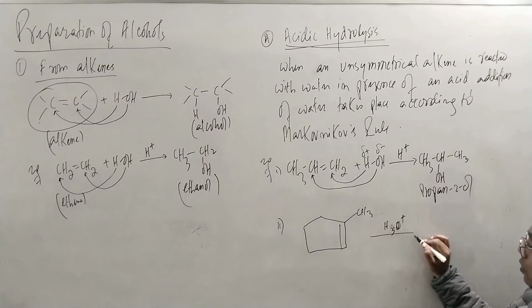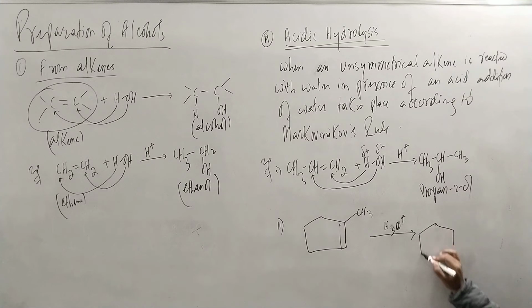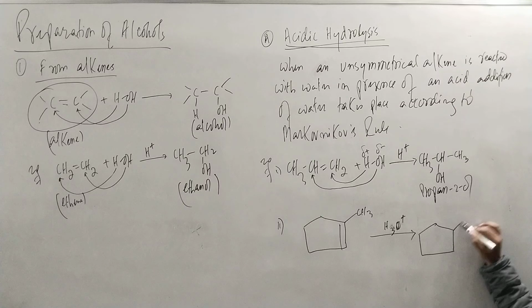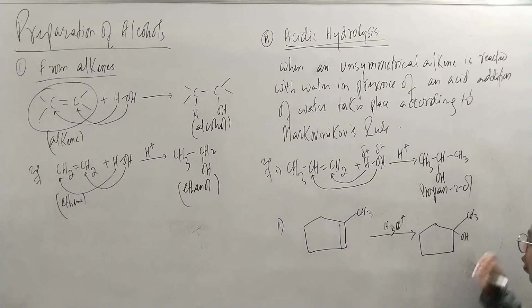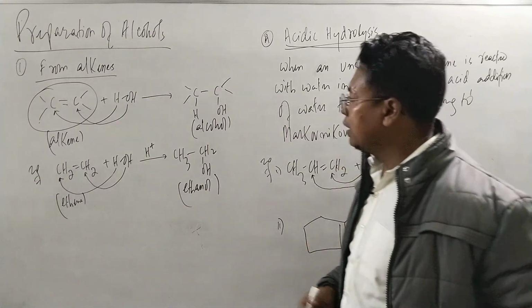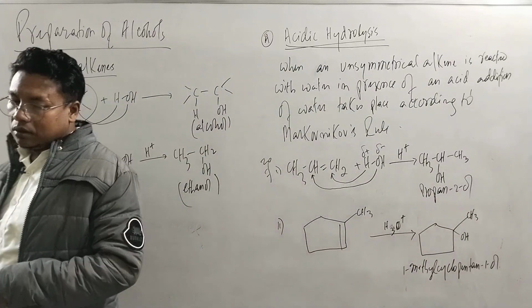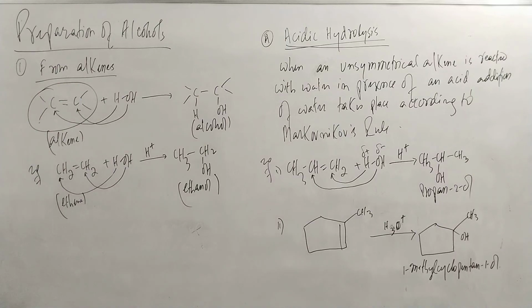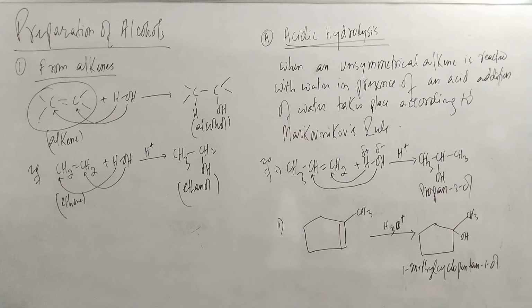So the product will be this, 1-methylcyclopentan-1-ol. Okay, let us end this lecture here for today.